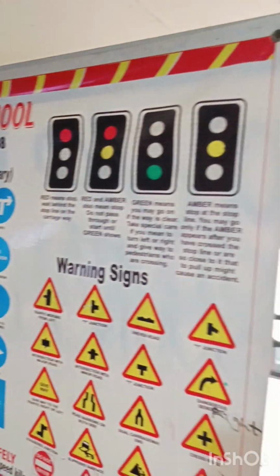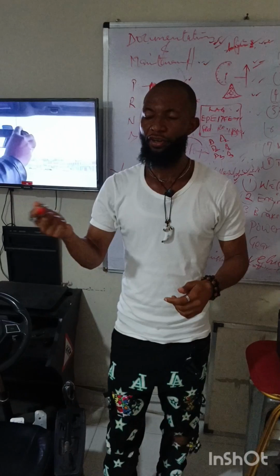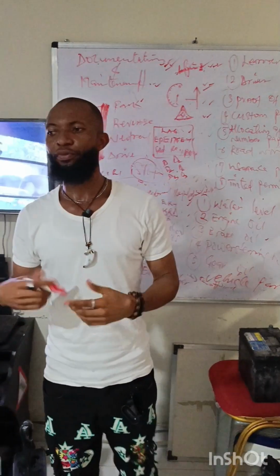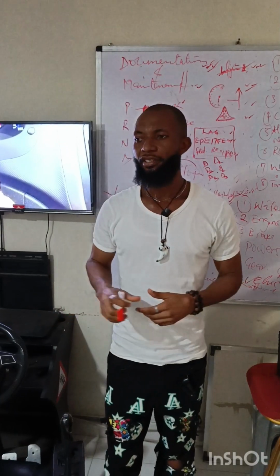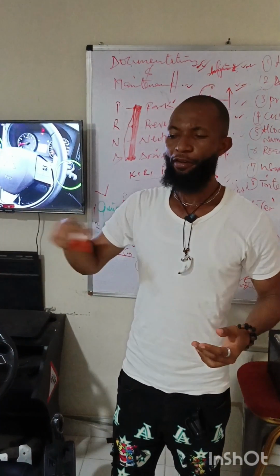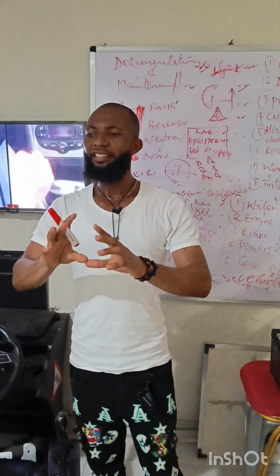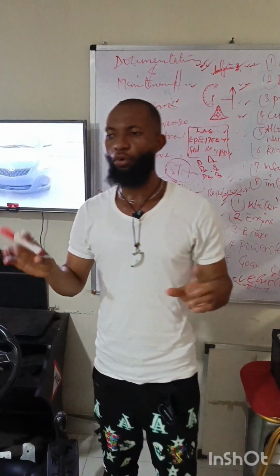Of course, even without you having a knowledge of driving, as far as you are entering a vehicle from one place to another, you should be able to have a fair knowledge about the traffic light, isn't it? Now we said for the whole federation, we have three different colors of lights that operate on what?